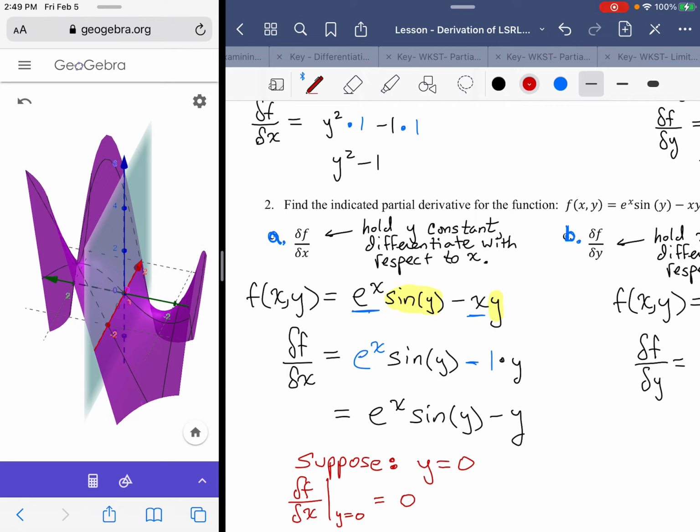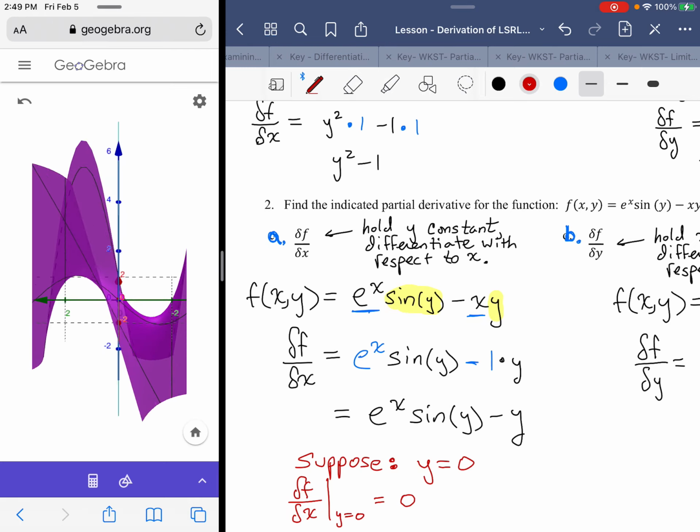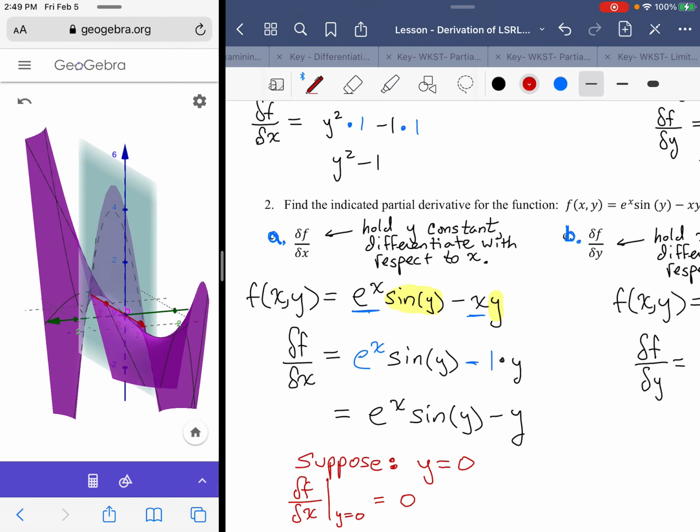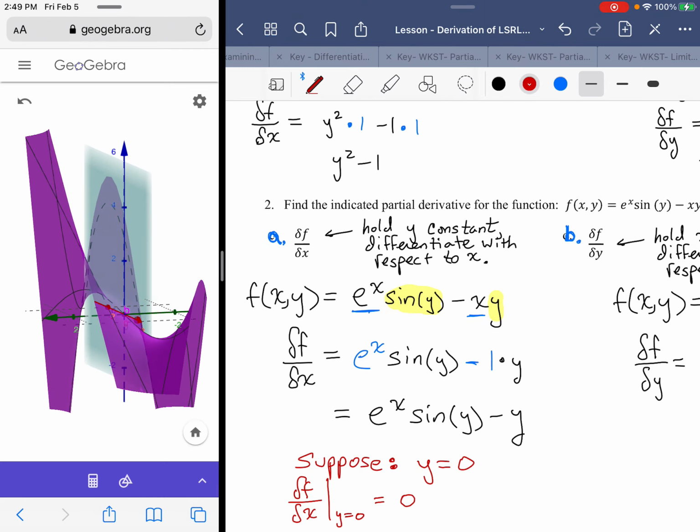So what that's telling us is along that path that's created by the intersection of the plane and the surface, that path can be decomposed into a curve in 2 dimensions. But really all you're thinking about is you have this purple giant wobbly piece of jello and you cut through it with a knife.